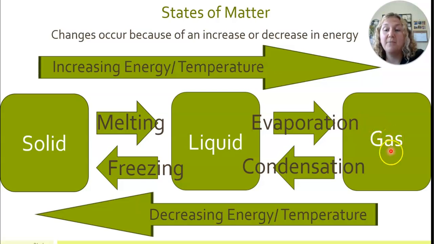Then the opposite happens, that when we have gas and we decrease energy, the gas condenses into a liquid, and then the liquid water, when we decrease energy additionally again, it freezes and it turns into a solid.